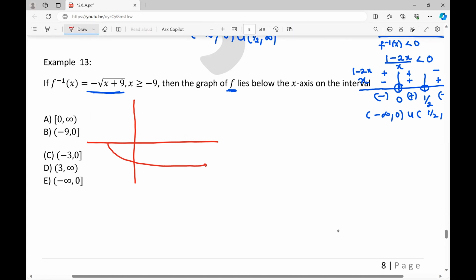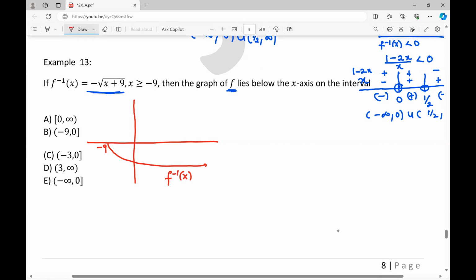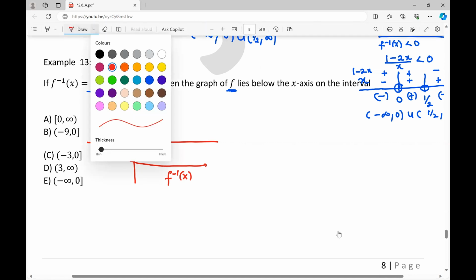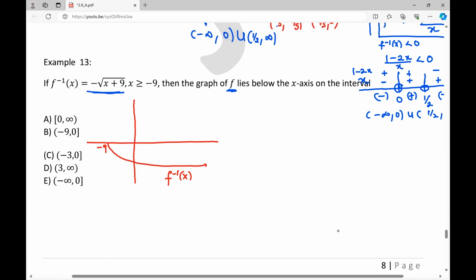And here is going to be minus 9. So this is actually the graph of f inverse of x. Now, you are interested in the graph of f, so it's still the same story. If you have the graph of f inverse and you want to find the graph of f, it's simply by reflecting it across the what?